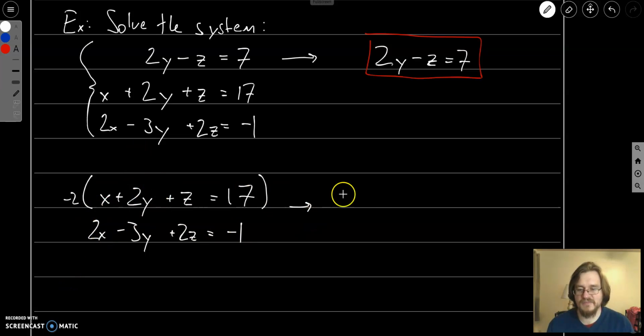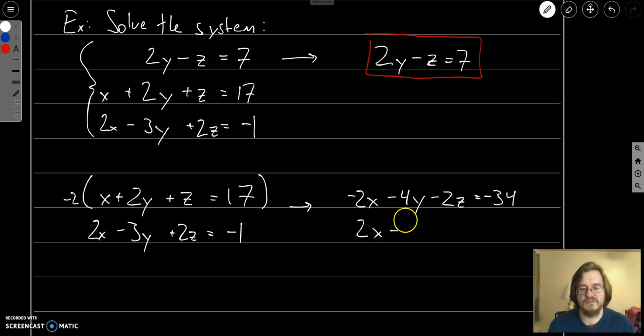So again, here we will get negative 2x. Negative 2 times 2 is going to be negative 4y. Negative 2 times z will be negative 2z. Negative 2 times 17 will be negative 34. And we'll have 2x minus 3y plus 2z is equal to negative 1.